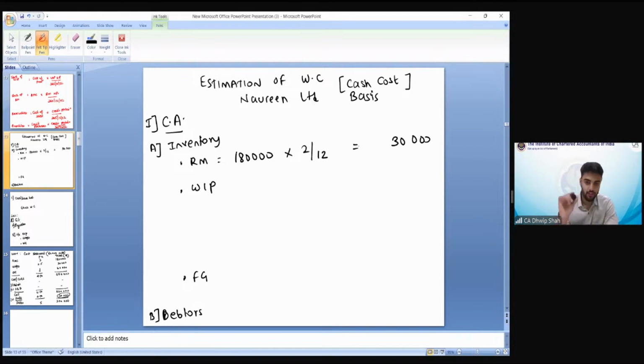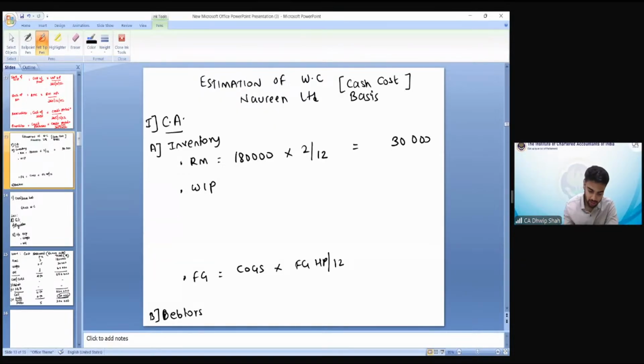ठीक है. Now very crucial part. Before calculating WIP, let's calculate FG. The FG formula is nothing but COGS multiplied by FG holding period divided by 12, since it is in months.